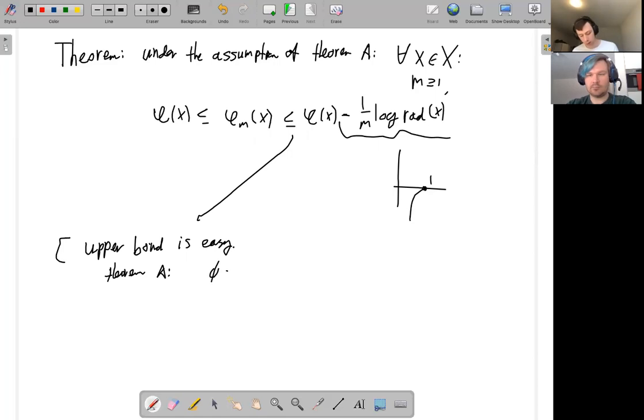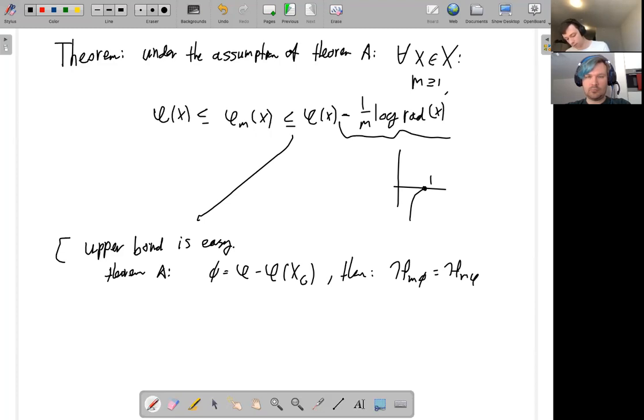Well, you define a small modification of your subharmonic function by subtracting the value that it takes on the Gauss point. Then this doesn't change this multiplier ideal. It's easy computation. And a norm also changes in a very easy way.